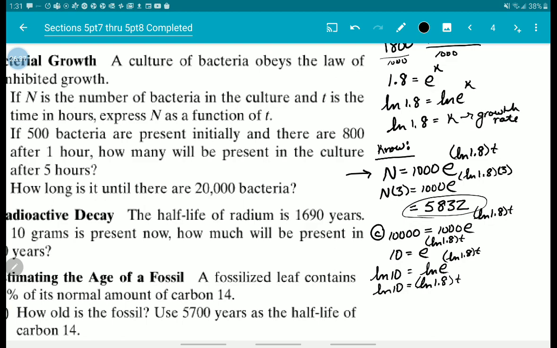The ln of 1.8 is just a number. To get t by itself, we're going to divide both sides by that number. So we have the ln of 10 divided by the ln of 1.8. So it looks like it's going to take about 3.92 days before we have 10,000 mosquitoes.